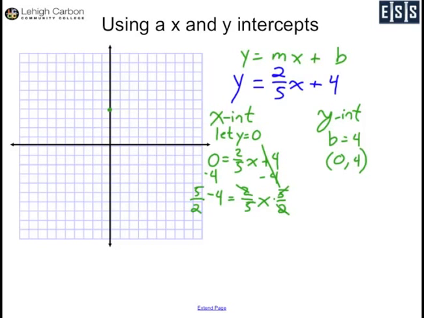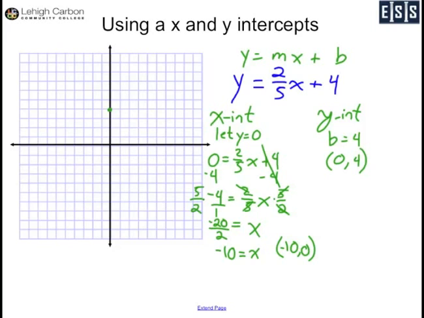The 2's cancel, the 5's cancel. I'm left with x on this side. Put this over 1. 5 times negative 4 is negative 20, over 2 times 1 is 2. Negative 20 divided by 2 is negative 10 equals x. So my x-intercept is at (negative 10, 0).